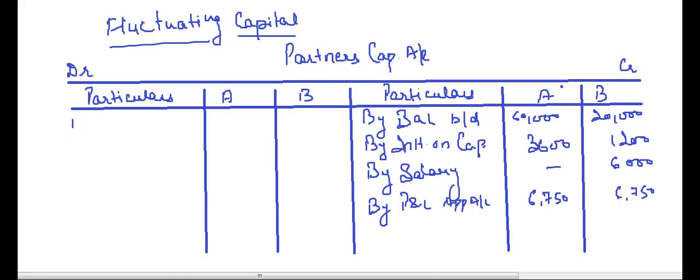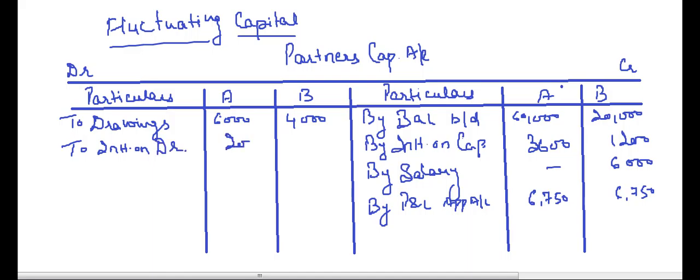Now we have the drawings. A will have drawings of 6,000. B has drawings of 4,000. What is the interest on drawings? 200 and 100. Any other transaction? No. So we will get the balances now.